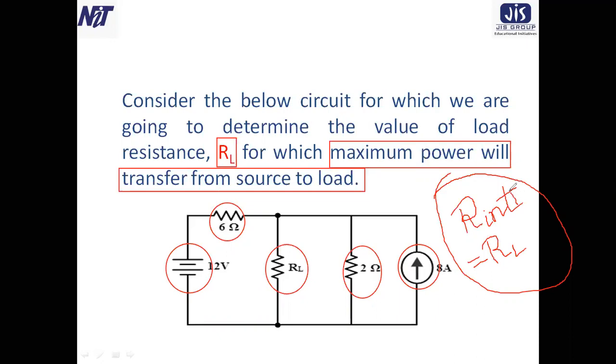So if we can calculate the value of RINT, the internal resistance, that will be the value of RL, because the property of the maximum power transfer theorem is that the internal resistance should be equal to the external resistance. How can we find it? We can find it by calculating the internal resistance RINT from the circuit.